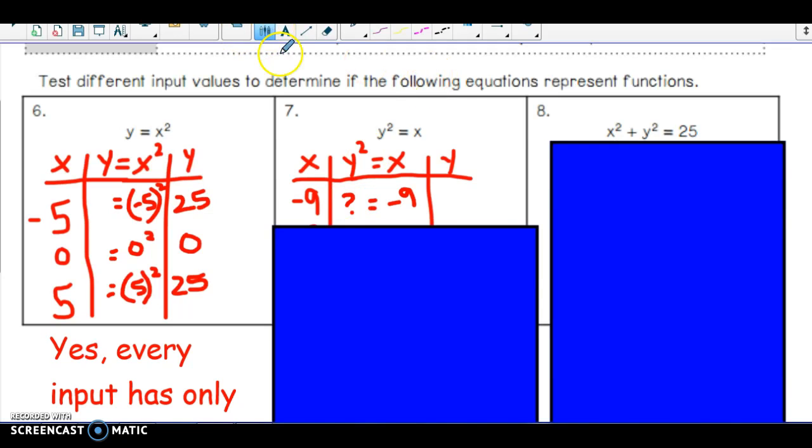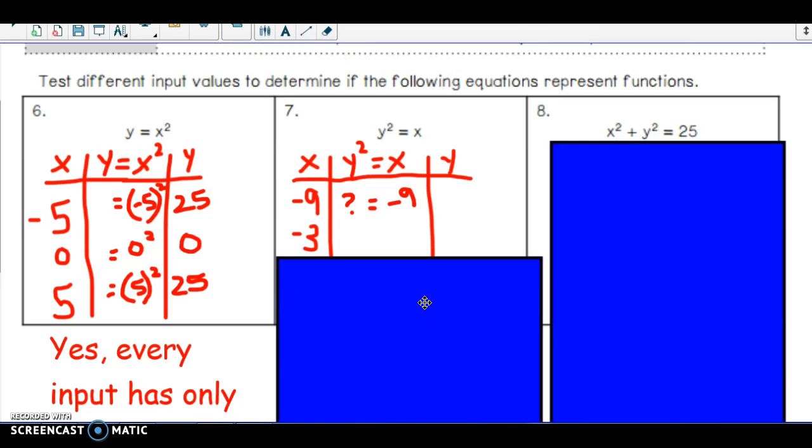I don't think there is. We'll try a different number. How about -3? Is there any number that you can square so that the answer comes out -3? I don't think that would work either.